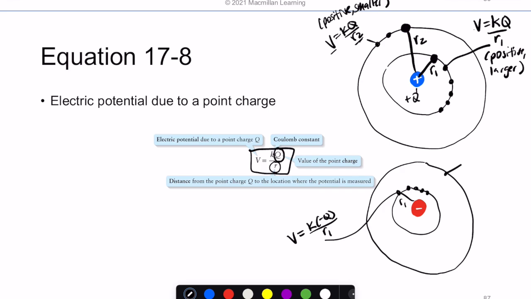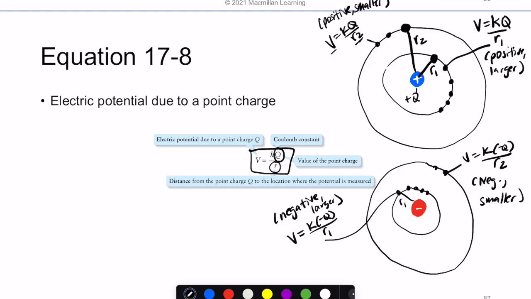And here, anywhere on this circle, we'll have a potential of K with a negative Q over R2. And so all of these will be negative. This one will be larger because we're closer to the negative charge. And then these are all negative, but smaller value of V because R2 is bigger than R1.